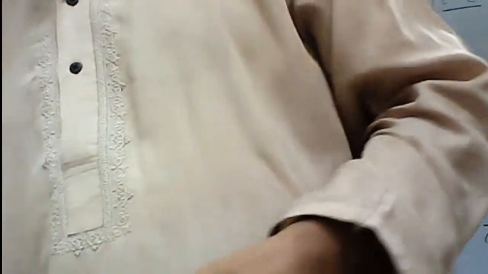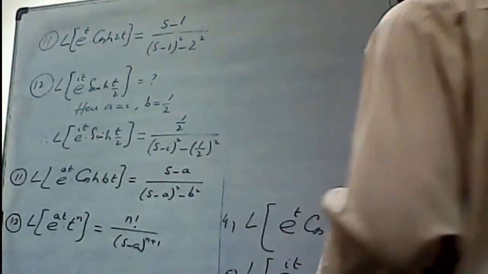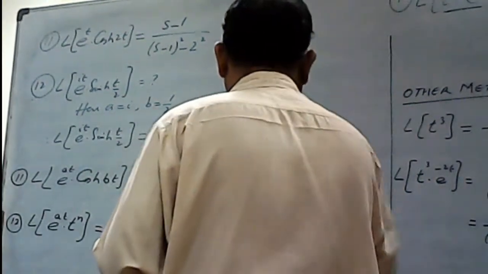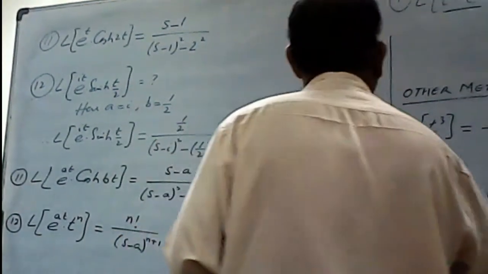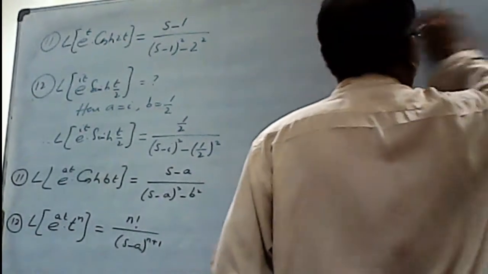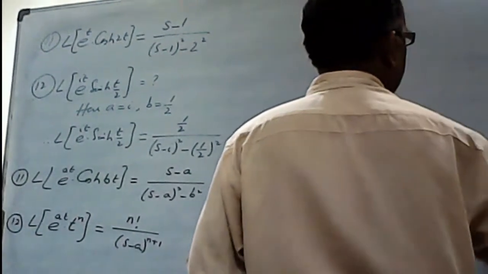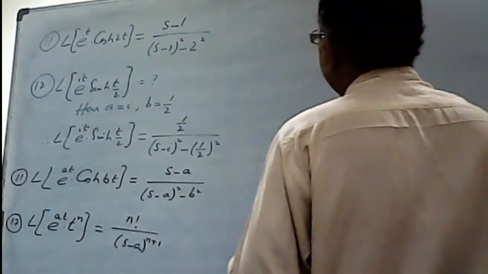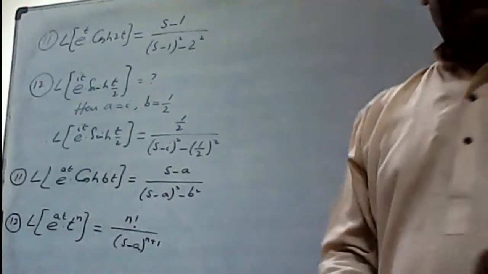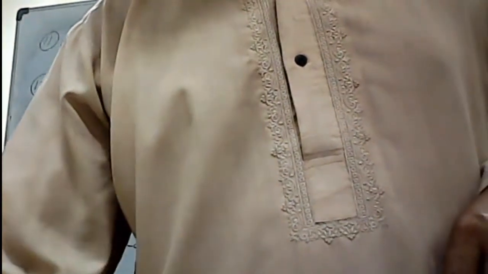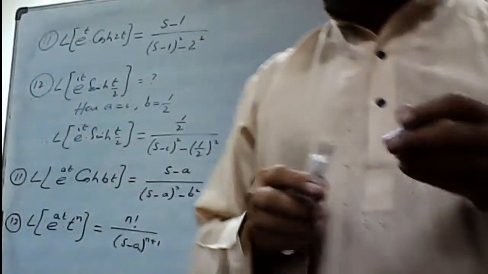Now I am writing some practice problems for you on all these formulas, from formula number 1 to formula number 12. I am mixing the examples, so you decide yourself which method will be useful for which particular example.